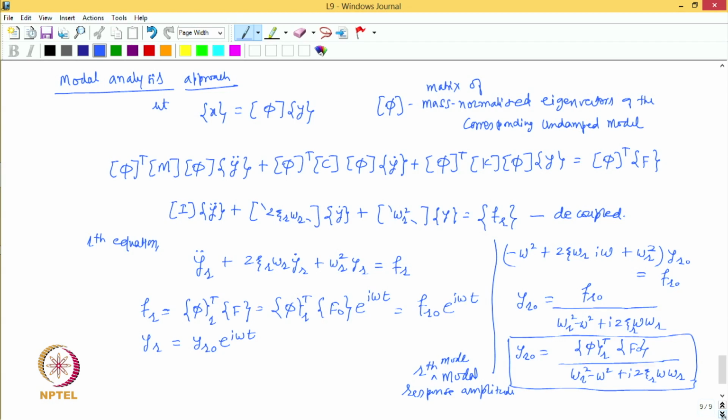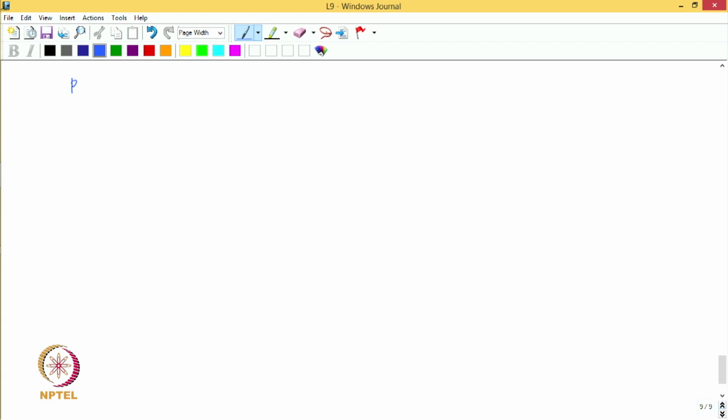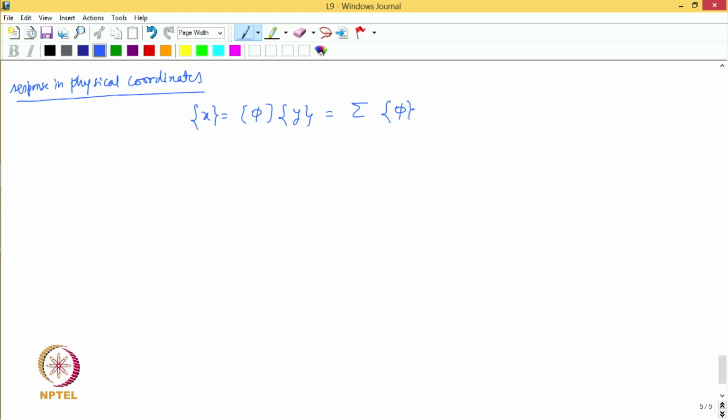Let us now determine the response in physical coordinates. That is given by x equals phi y, and we can write that as the summation of phi_r y_r, with r varying from 1 to n.